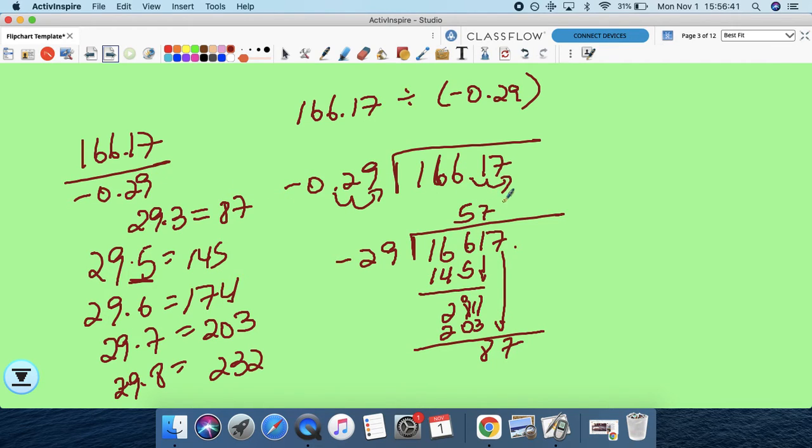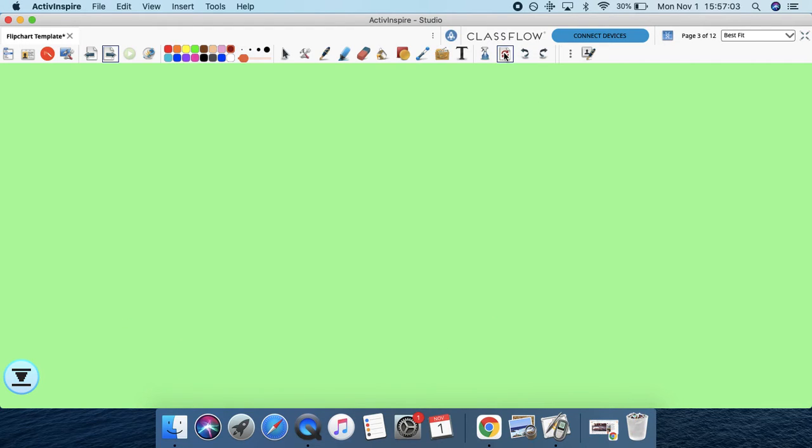So that one is exactly an exact number here. Subtract and 0. And that's it. So negative, don't forget, because a positive divided by negative is negative. Negative 573.